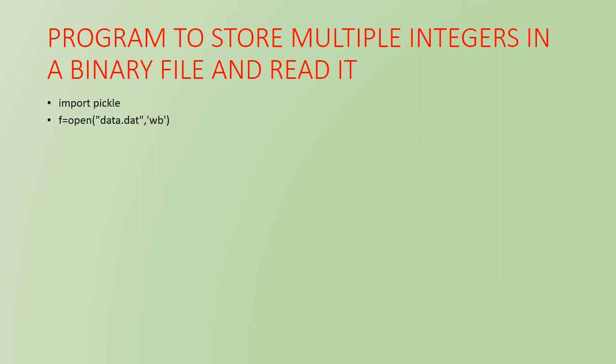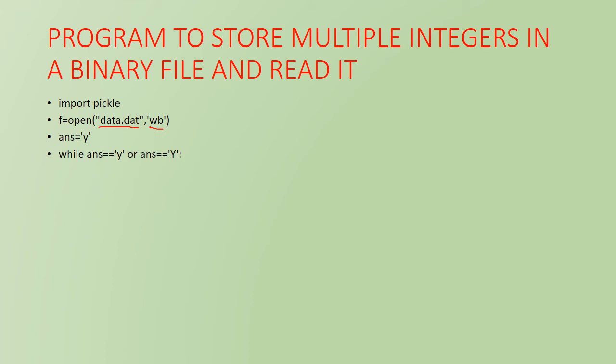So first of all, as usual, we are opening the file, and the file name I used here is data.dat, and first we wanted to write it, so we are using the file access mode wb. Now ans equal to y, because we wanted to repeatedly enter integers.